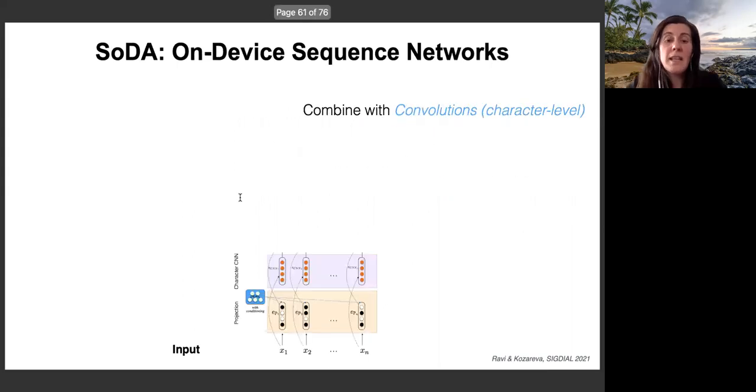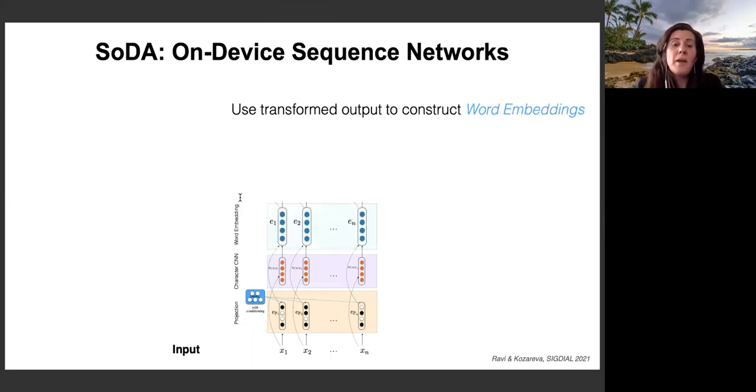Next, we see a lot of power in using convolution over characters. We take the projection layer, pass it through a CNN, and you can create different representations. When I say word embeddings, in reality they're all projection embeddings of all the different layers that you have seen so far.